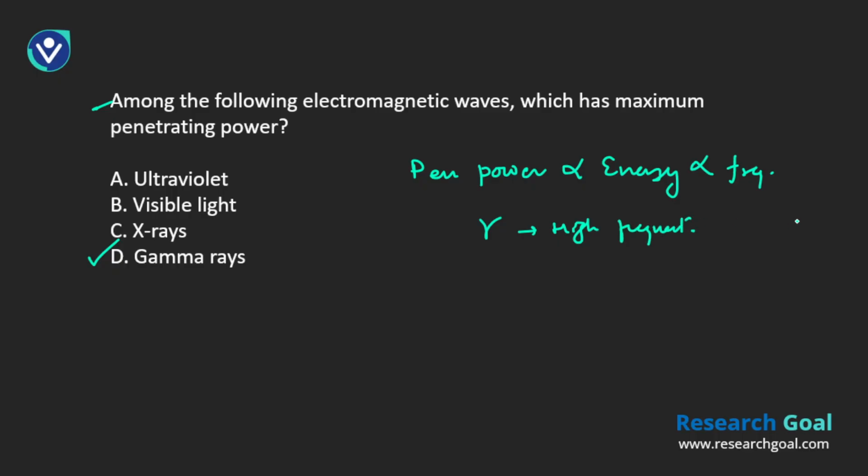That is why they'll have the highest penetrating power, and that is why this option is correct. All the others have lower frequency values than the gamma rays. That is why you also need to remember the frequency of these radiations, because a question can come like this also. All right, let's move to the next one.